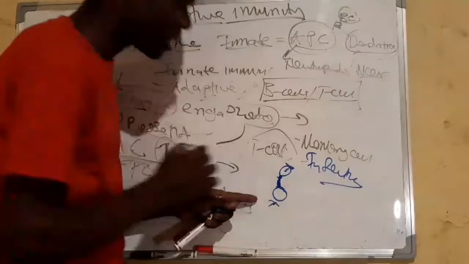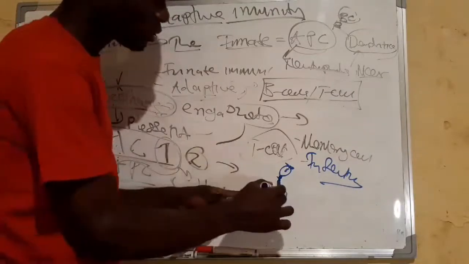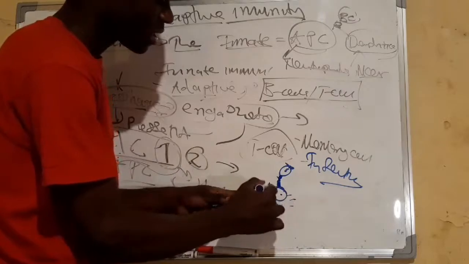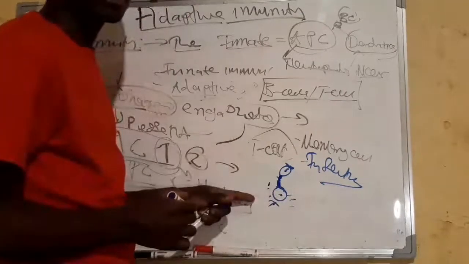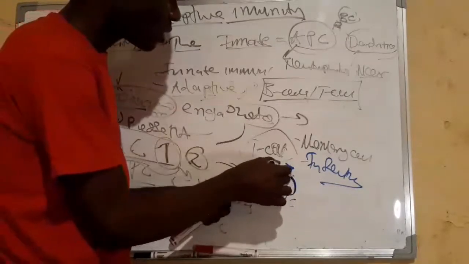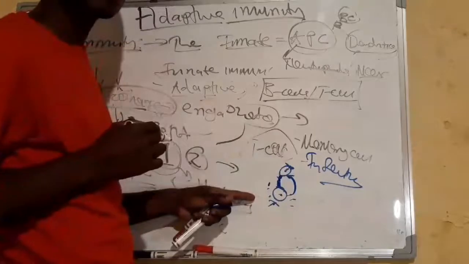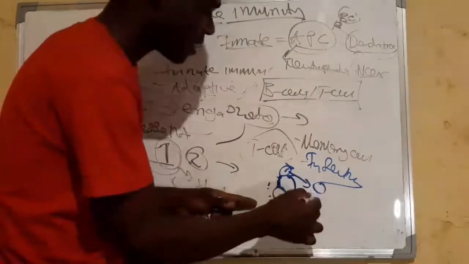After the binding here, this causes the T cell to produce cytokines. These cytokines in return also affect the same B cells, and these B cells proliferate in number.